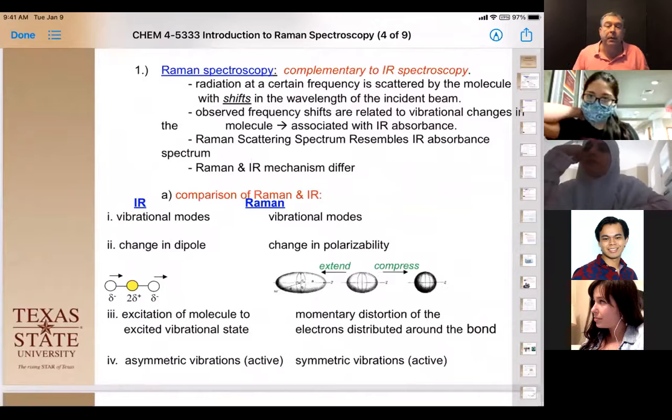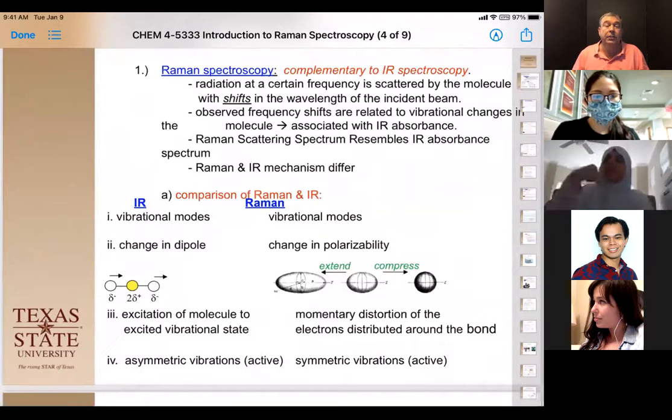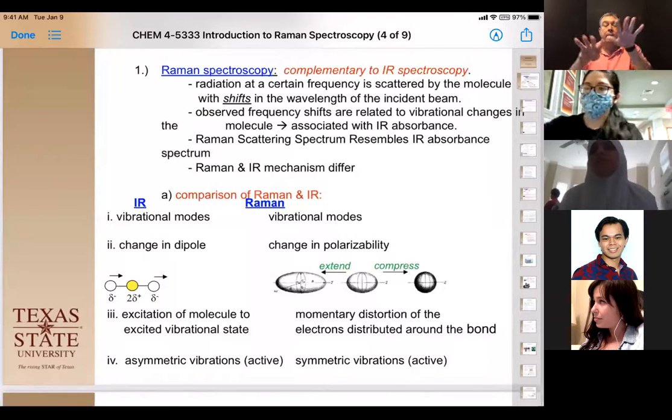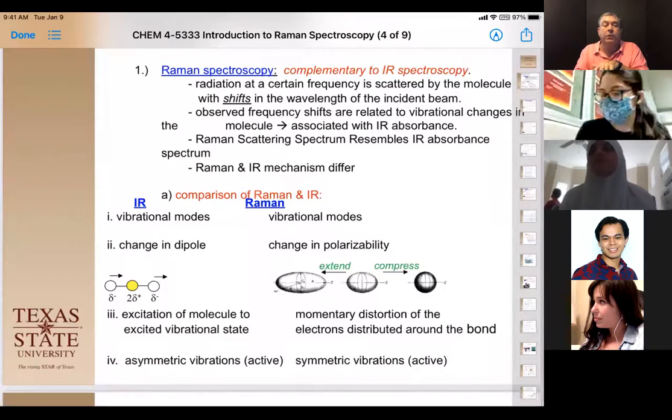In Raman spectroscopy, we're actually looking for an emission and whether or not that emission has a change in frequency. So it's different in how we do the thing, but it's interesting that the two systems complement each other and represent the same frequencies and the same functional groups.